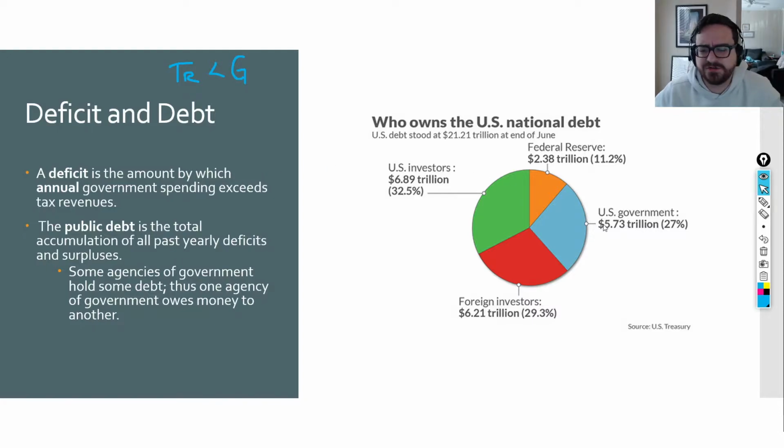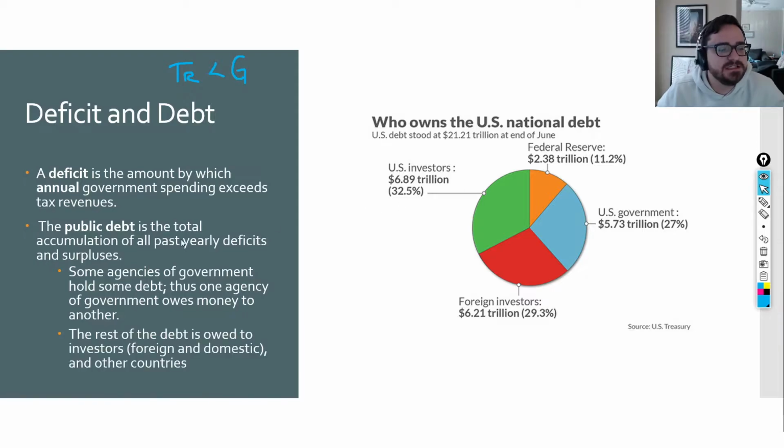They don't want to forgive it because that would require both sides to forgive it, and it's not like if the Department of Education borrowed from the Department of Defense, the Department of Defense would be like, yeah, it's fine, don't worry about it. They're like, no, you owe us money, dog. You owe us money. You're going to pay it back, eventually. That's the idea. The rest of the debt, which is still the majority of it, again, we're talking like a quarter of it, roughly, is to itself. The rest of it is to other groups, mostly U.S. investors, a good chunk foreign investors, a smaller chunk Federal Reserve.